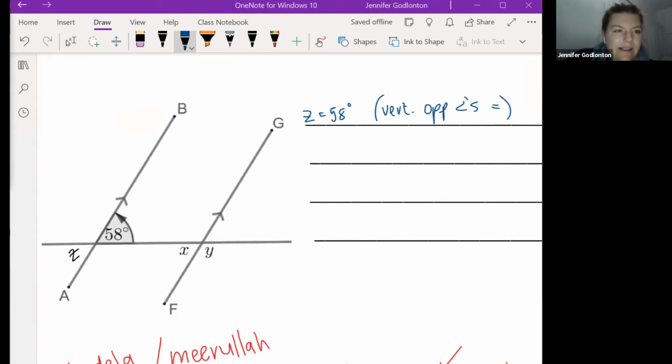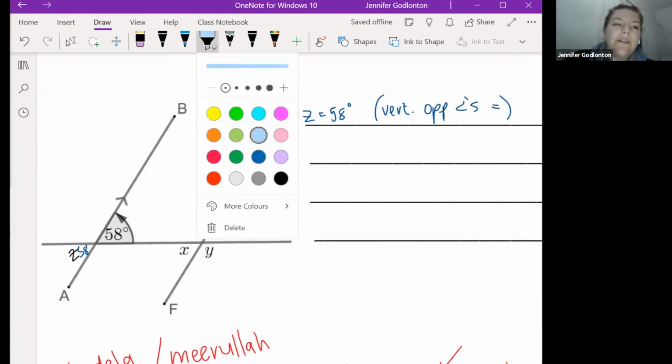Tiana, give me an answer. Any letter you want. I chose Y. Okay, hold on. I'm just going to put my 58 in here. Tell me what you're at. Y equals 58 degrees because corresponding angles are equal. I don't know.